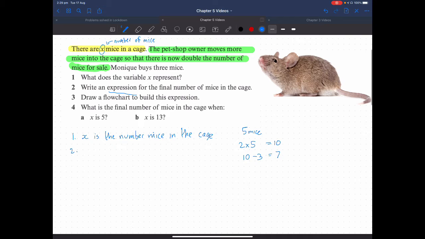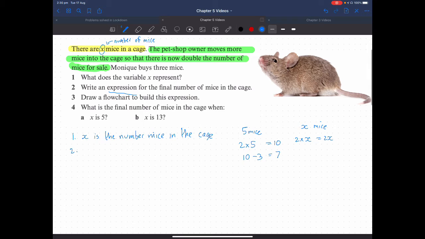Now it says write an expression for the number of mice in the cage. So now I'm going to do some working. Instead of having 5 mice, a number, we're going to have X mice. The pet shop owner doubles the number of mice. That's 2 times X, which is 2X.